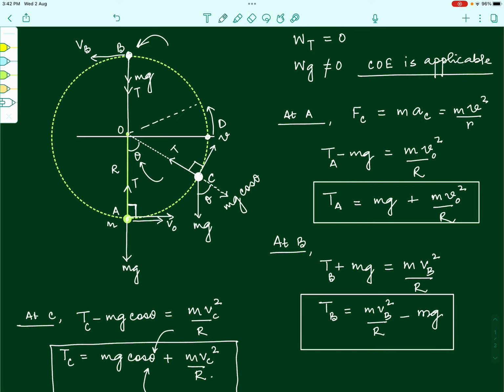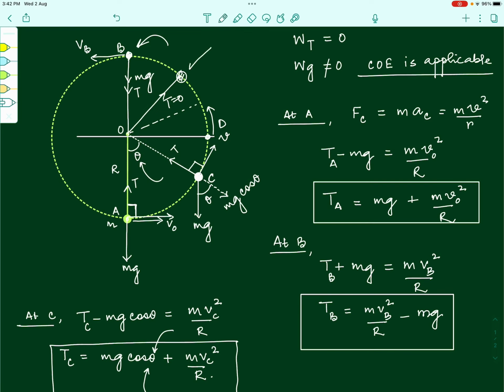Tension can at the most become 0. Tension becoming 0 means the string through which the bob is connected becomes slack. It is not tight anymore. So it so happens that by the time the bob reaches over here, the string loses all of its tension, the tension becomes 0, and after that the bob will fall down like a projectile, because when there is no force other than mg, the gravitational force, a body moves like a projectile, isn't it so?